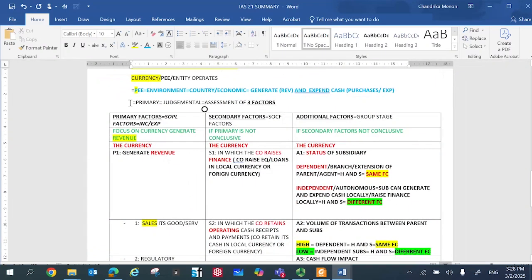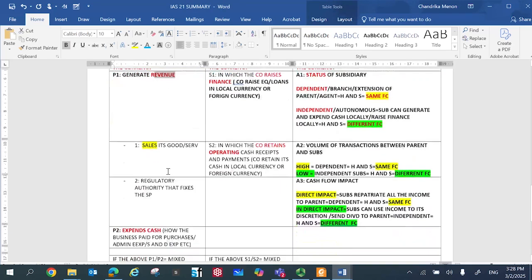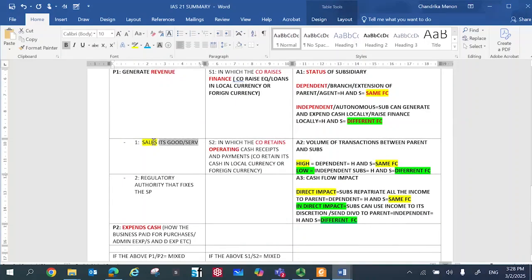Primary factors are based on SOPL. How we generate revenue can be generated in the form of sales. And we also have to look at the regulatory authority that fixes the selling price.